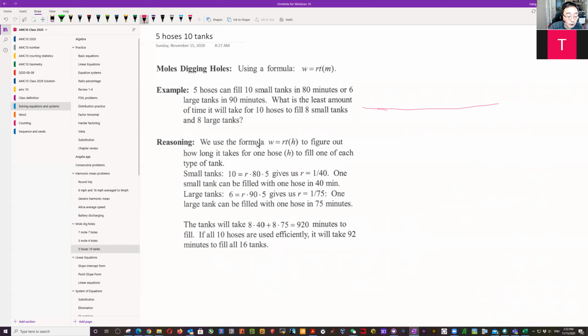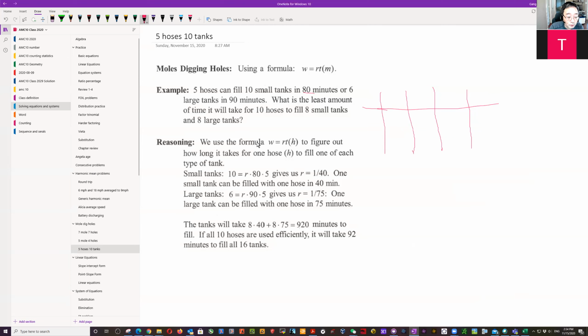Let's read this problem: 5 holes can fill 10 small tanks in 80 minutes, or 6 larger tanks in 90 minutes. What is the least amount of time it will take for 10 holes to fill 10 small tanks and 8 large tanks? So basically, this is a multi-threaded problem, and we're going to use a 5-column table to address this type of problem.